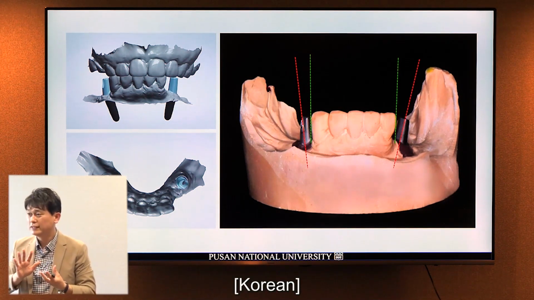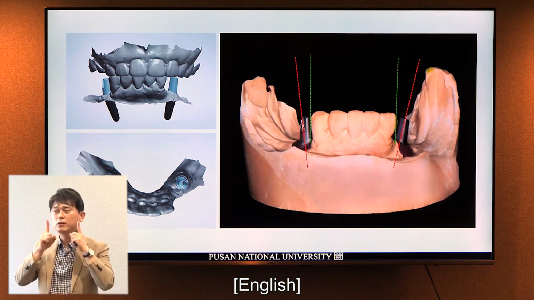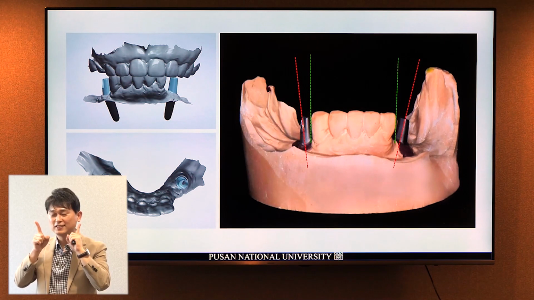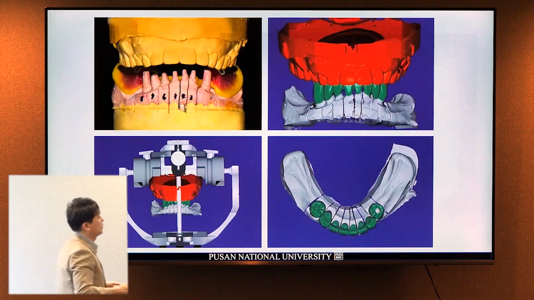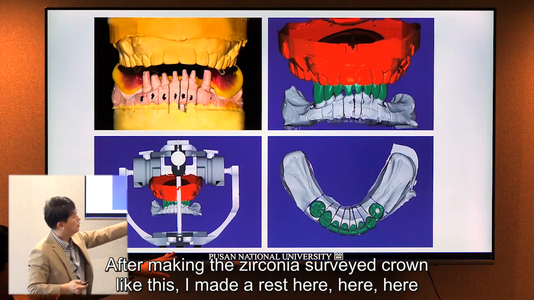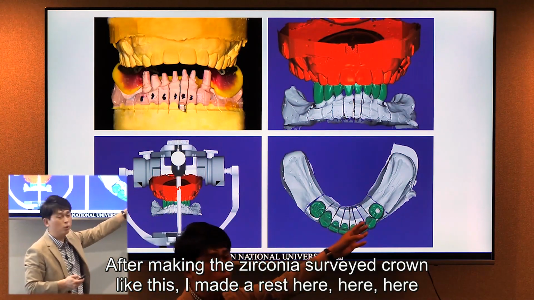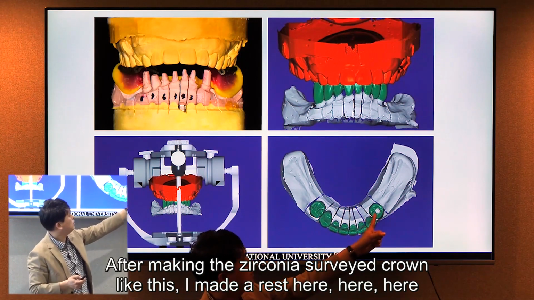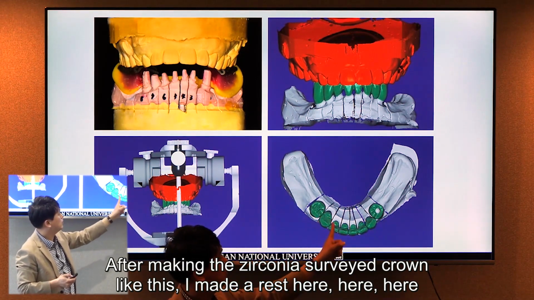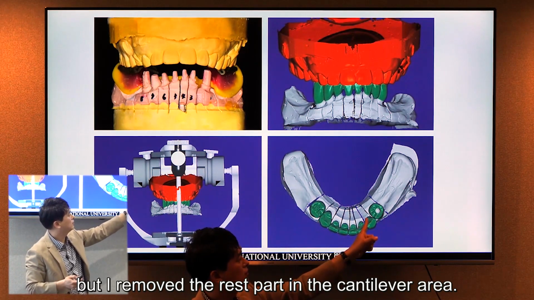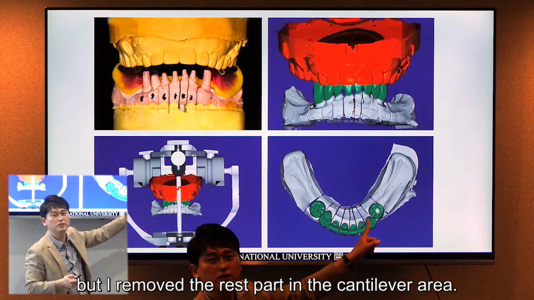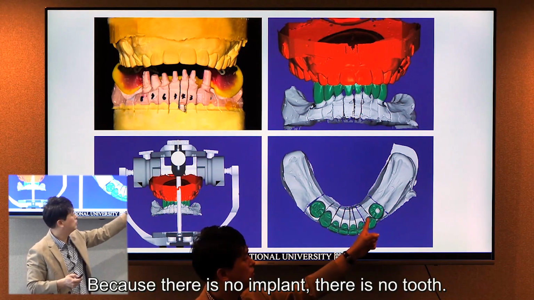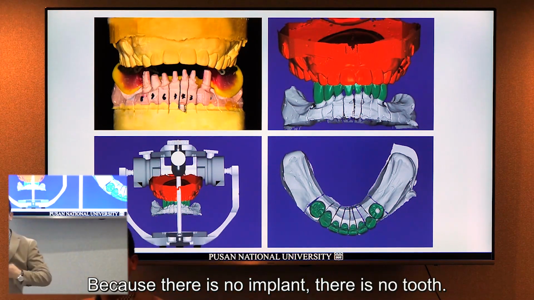The crown is the same, but the abutment direction will be tilted. Yeah. After making the zirconia surveyed crown like this, I made the rest here and rest here, rest here, rest here, but I removed the rest part in this cantilever area, because there is no implant, there is no tooth.